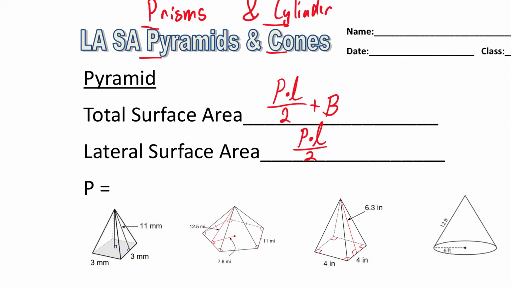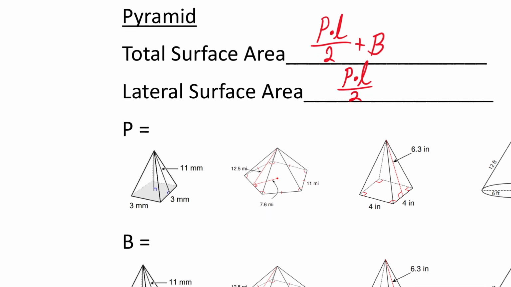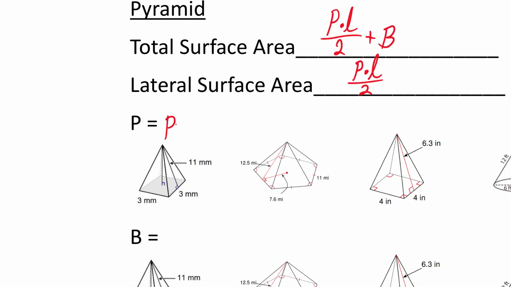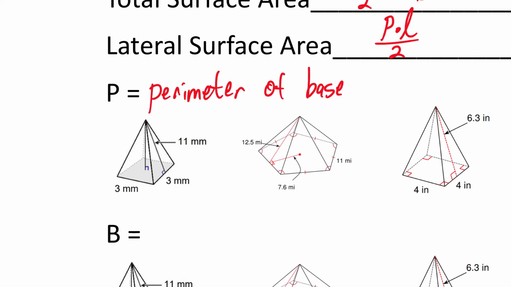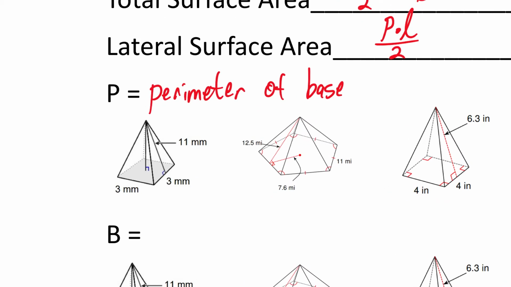Now, most of these variables mean the exact same thing as what they meant with the prisms and cylinders. So what does the capital P stand for? Good. The capital P stands for the perimeter of the base. Perimeter of the base would be adding this, this, this, and this, so what would the perimeter of that base be? 12. It would be 12, just adding those up.